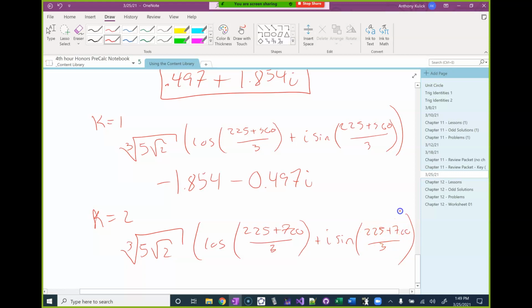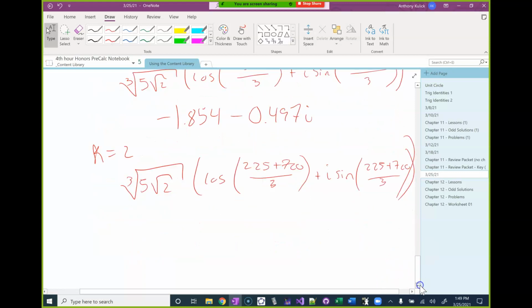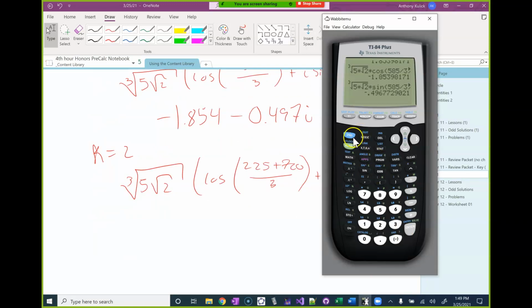Still doing okay with all this, Anthony? Okay. So 585 plus 360 is, what's that? That's 945. Yeah. Need to change that to a cosine. There's that. And then change it to a sine.